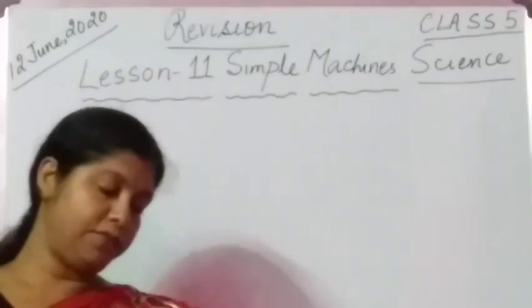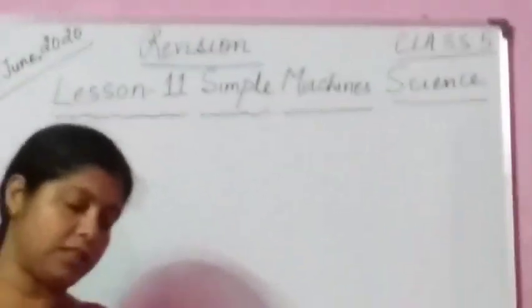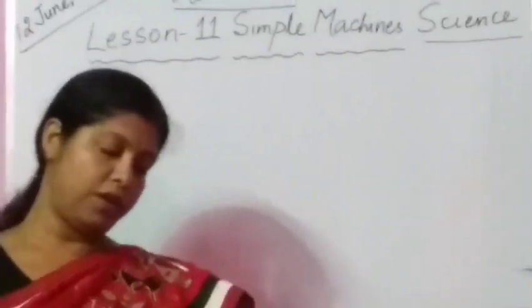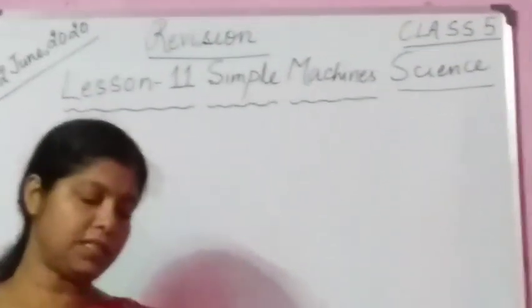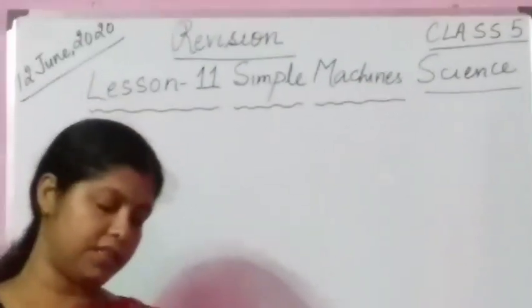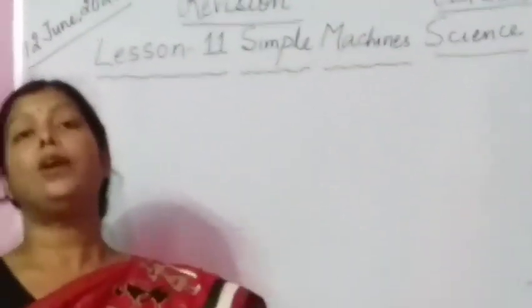Question number 12. Tires of cars or trucks and screwdrivers are examples of movable pulleys. This is wrong. The statement is false. Tires of cars or trucks and screwdrivers are examples of wheel and axle.